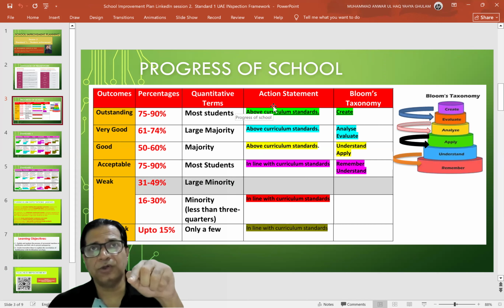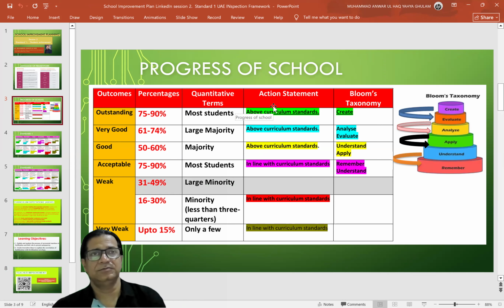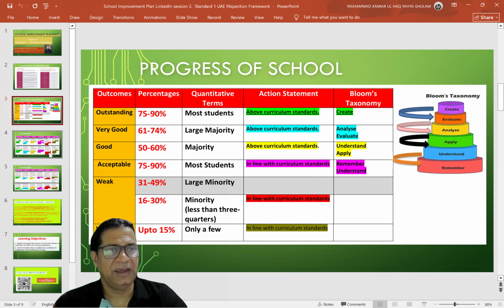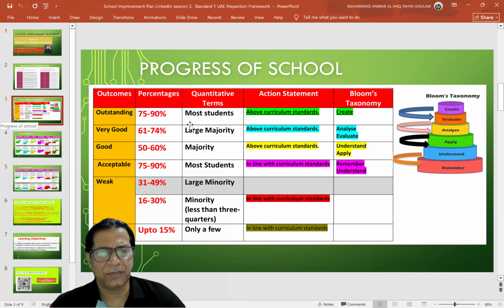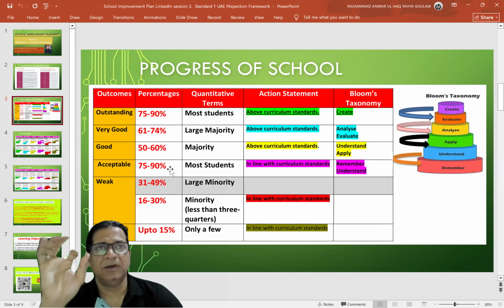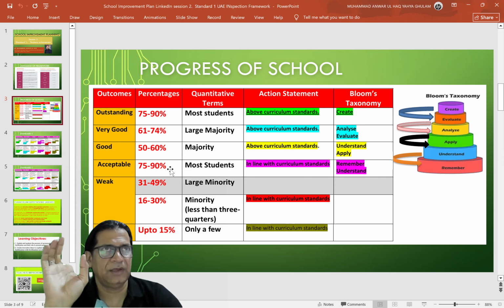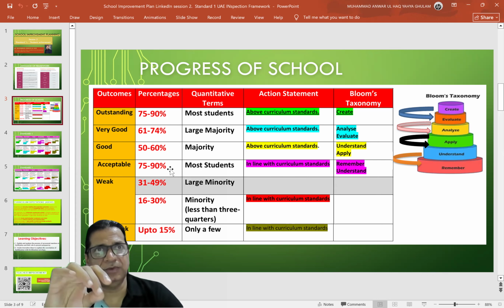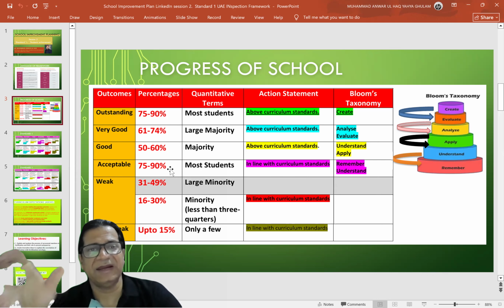If you want your lesson to be rated acceptable or good, first of all, you have to make sure 75 to 90% of the students perform in line with the curriculum, your first learning objective. For example, you drafted your learning objective, define and explain.